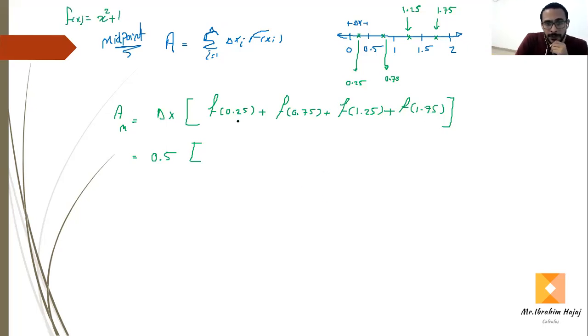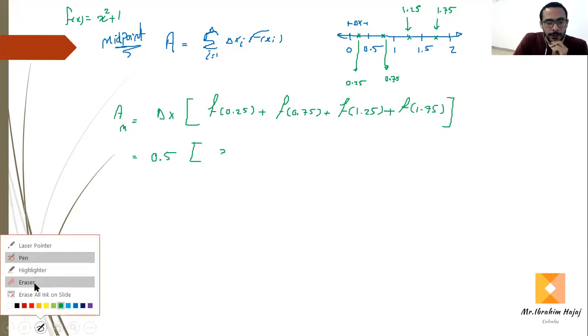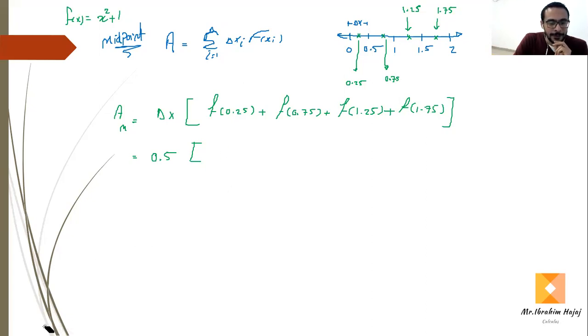So when you plug in 0.25 for x, 0.25 squared is 0.0625, plus 1, which is 1.0625.